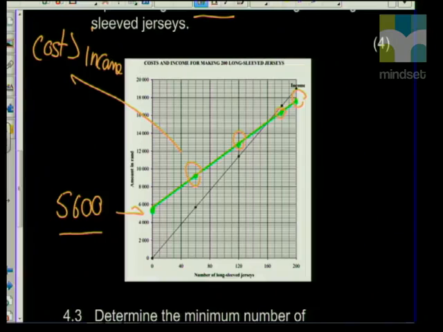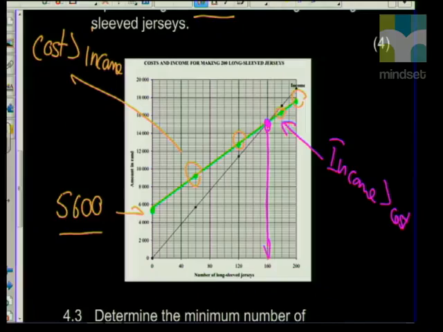We've plotted the costs. It's only after this point, I'm going to put it nice and big in pink, at 160, that the income is greater than the expenses or the costs.